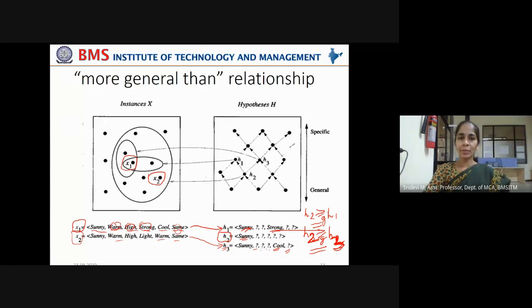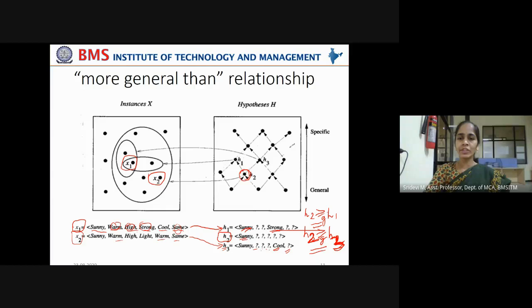Now see this hypothesis space H. Whatever instance satisfies H1 is previously satisfied by H2 also. Did you understand this? Whatever instance is satisfied by H3 is satisfied by H2 before itself, because H2 is more general. We can represent it like this in the hypothesis space.